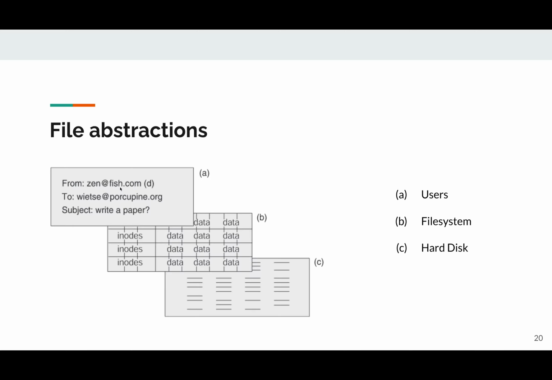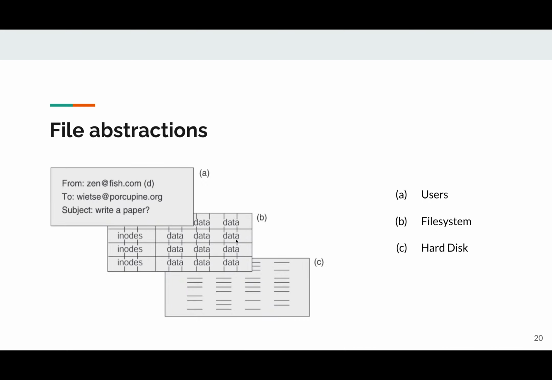So in this example, I have an email, for example, that has certain email headers. It's sent from zen@fix.com to which@porcupine.org. Now, this file that is just a text file that is an email might be part of this table that I'm listing here on the side, that has some inodes, and these inodes, we're going to talk about what an inode is in the file system model, have access to some blocks of data.